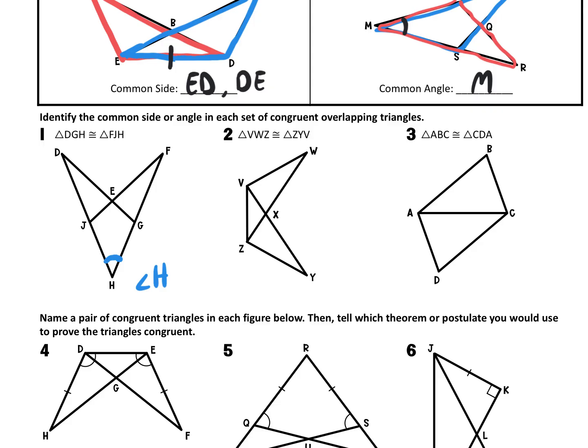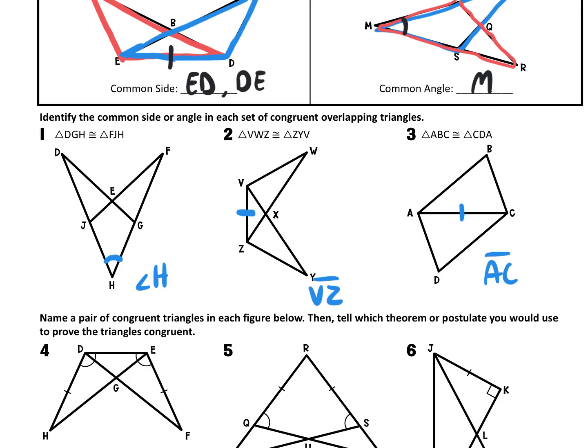I think I heard VZ. It is VZ. This is a common side between the two triangles. What about number 3? It is AC. Do you agree we saw a bunch of triangles like that last week? These really aren't overlapped, but they do share that common side where they're connected.